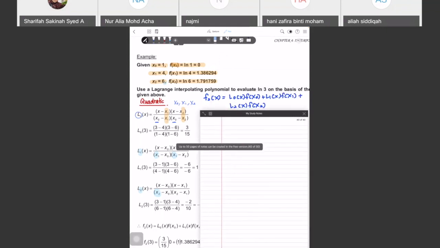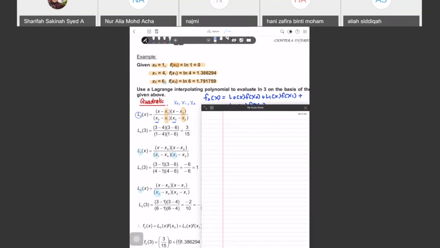If I cannot remember the formula, I just do it like this. For example, L naught is equal to x minus x1. If you want to start from 0, you sometimes forget the formula.